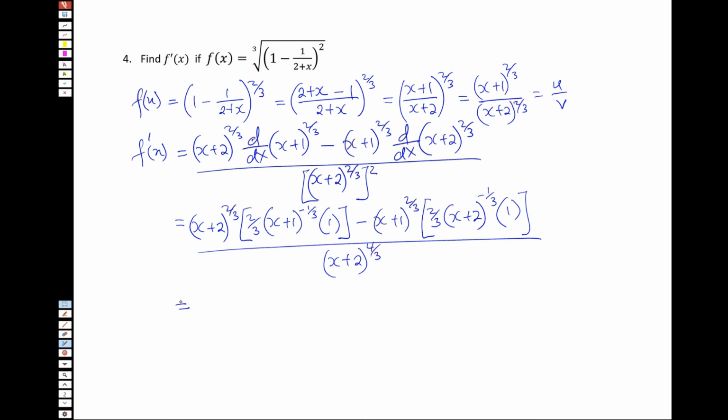Moving on, we can simplify these numerators.